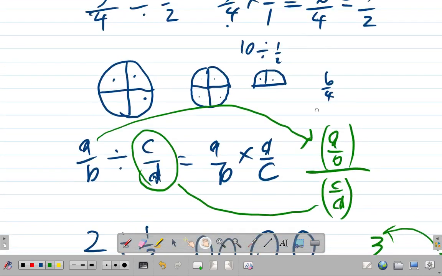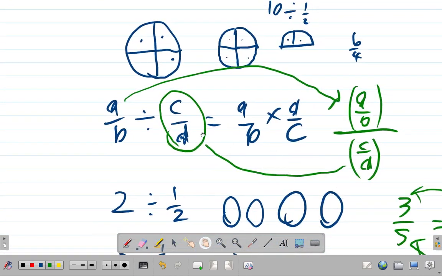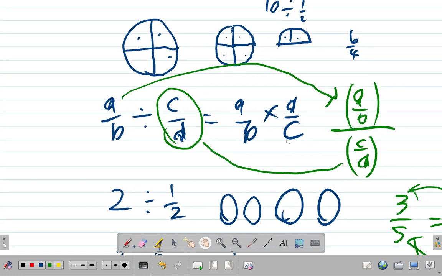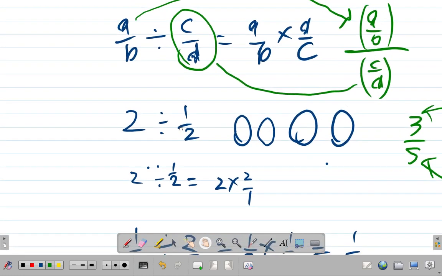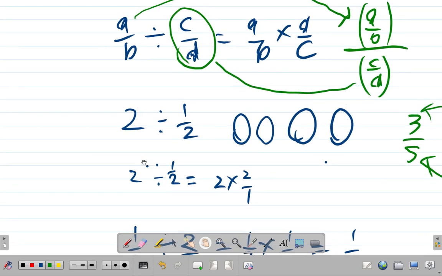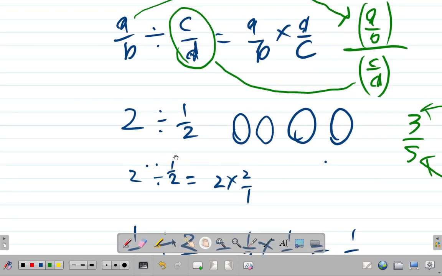Alright, so when you have a fraction divided by a fraction, the numerator is multiplied by the reciprocal of the denominator. A number divided by a fraction is the same as the number times the reciprocal of the fraction.